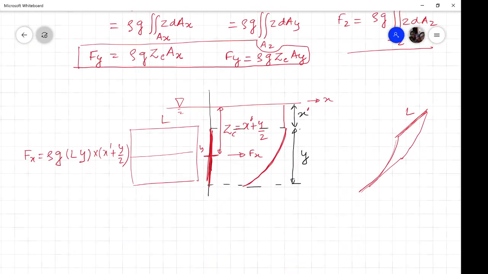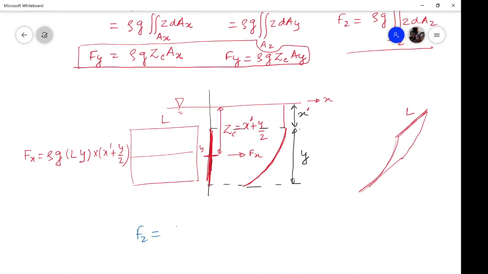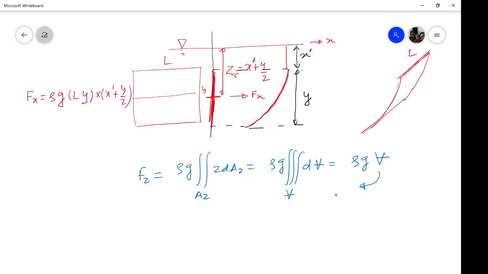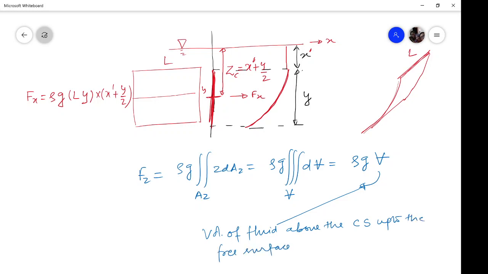If I write Fz, which was rho g integral z dAz, this will be nothing but volume dV, and this is nothing but rho g V. So what is this V? This is the volume of fluid above the curved surface up to the free surface of fluid.